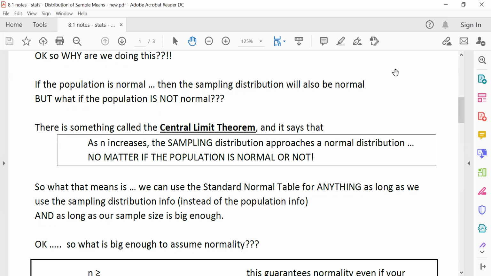But basically, what we can do at the end of the day is make probability predictions about the sample average, X bar.